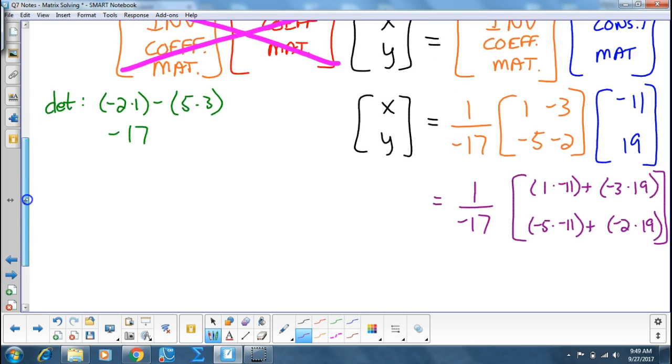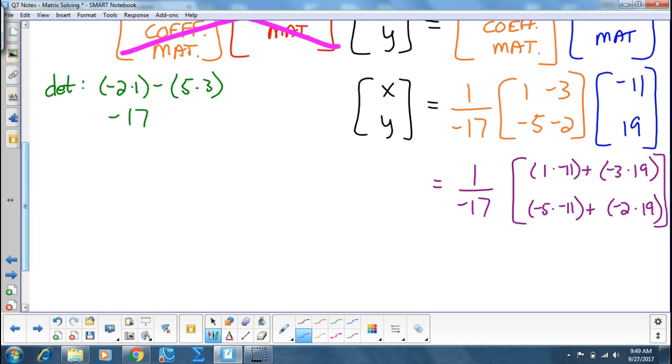So that is negative 11 minus, what is that, 57? Yeah? Negative 11 minus 57 is negative 68. Positive 55 minus 38 is 17.